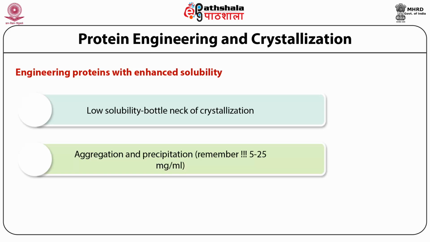And what is aggregation? Molecule-molecule interaction. For example, normally protein is in a solvent, most of the time water. So the protein is just moving here and there in water. How? I told you already, on the surface we have hydrophilic residues, and inside in the core region we have hydrophobic residues.